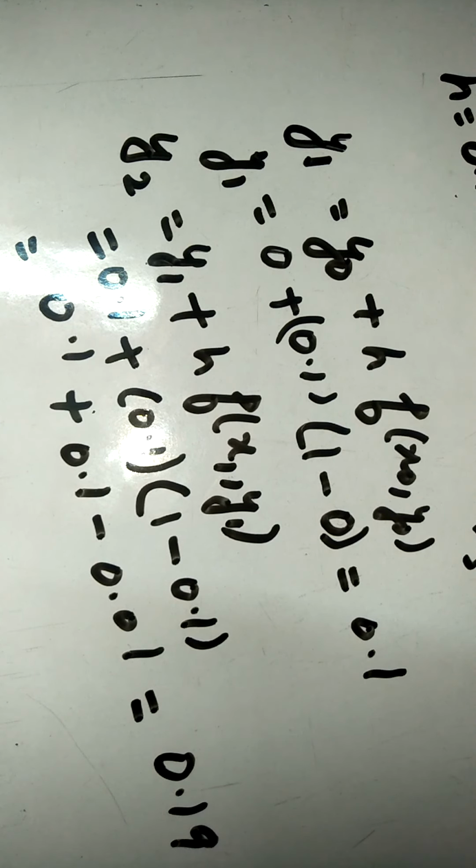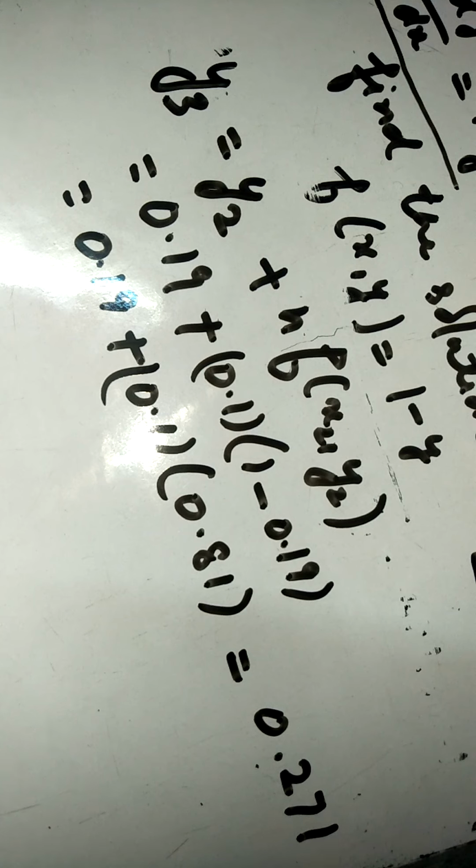By solving we get 0.271. So in this way we get y3, that is 0.271. So in this way we can apply our Euler's formula.